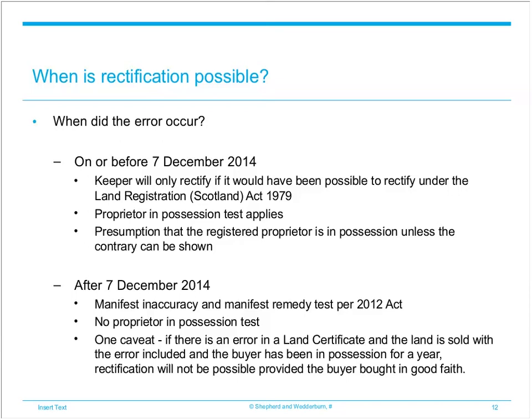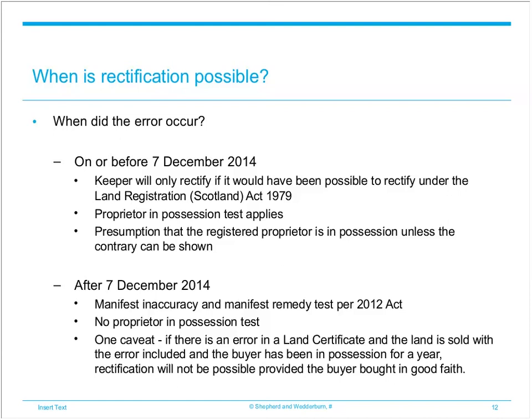If you're making an application for rectification of an error that exists before 7 December 2014, the test for manifest inaccuracy and manifest remedy still applies, but the only difference to the present law is the proprietor in possession test applies. For 2012 Act titles, i.e. those where the error was there after 7th December 2014, possession doesn't matter, and the person who is entitled to the land, insofar as property law is concerned, wins.